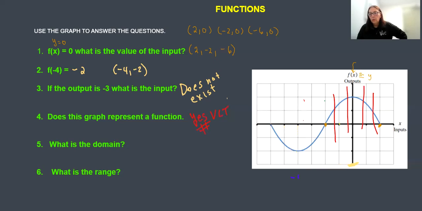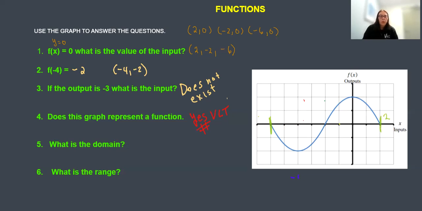Next, we're going to take a look at the domain and the range. Your domain is your input values, your x. The range is your output, your y's. So we're going to take a look at how far left and right this graph goes first of all. That's for my domain, the x-axis. There's the farthest left, there's the farthest right. The farthest right is 2, and the farthest left is -6.